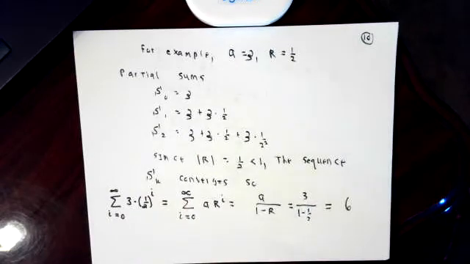I have to write down 1 minus R, 1 minus a half, which is a half. 3 divided by a half is 6. If you look at the infinite sum, the sum from i equals 0 to infinity of 3 times 1/2 raised to the i power, which is the sum of an infinite number of positive terms, it turns out that it adds up to a nice finite sum, namely 6.